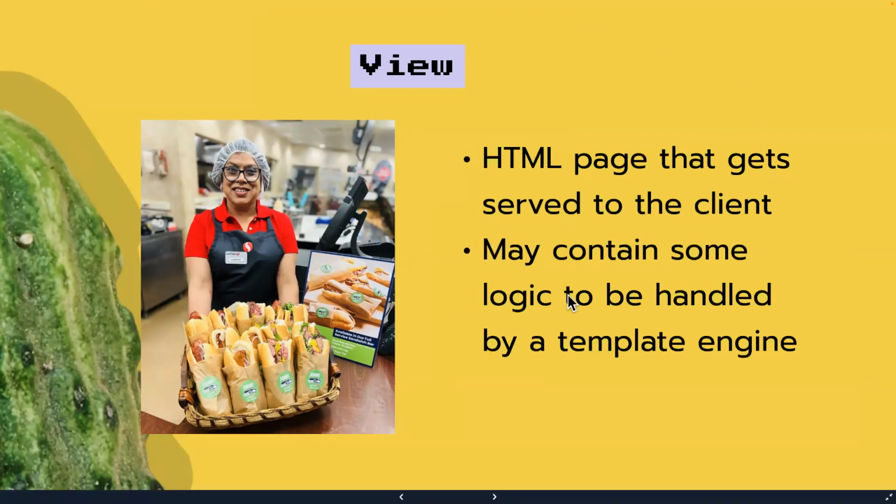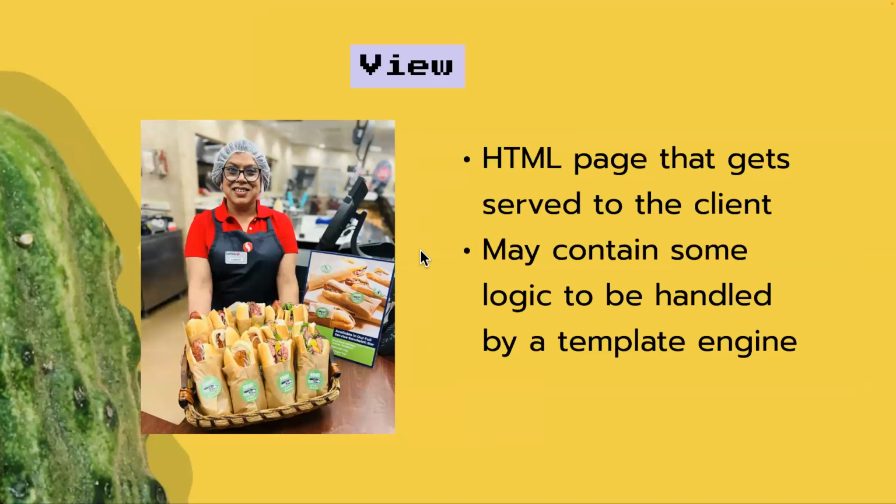She has some logic as well, and this is more like our HTML pages. So she's the presentation. She didn't receive the order. She didn't go in the back, but she was the person that you see at the very end of your transaction. She's the view of the whole thing, and she gives you your final sandwich.